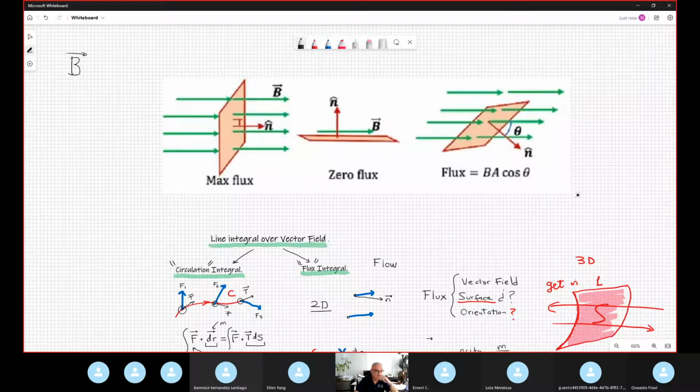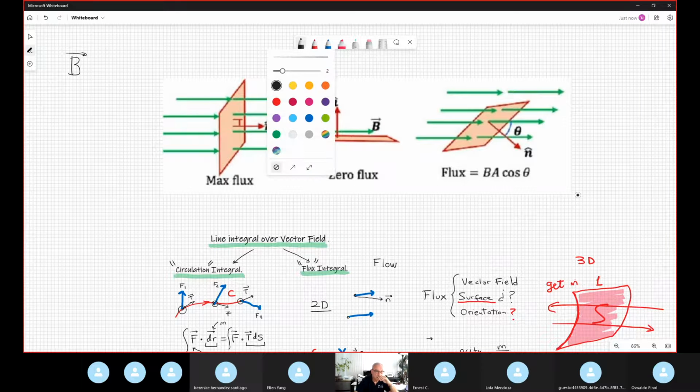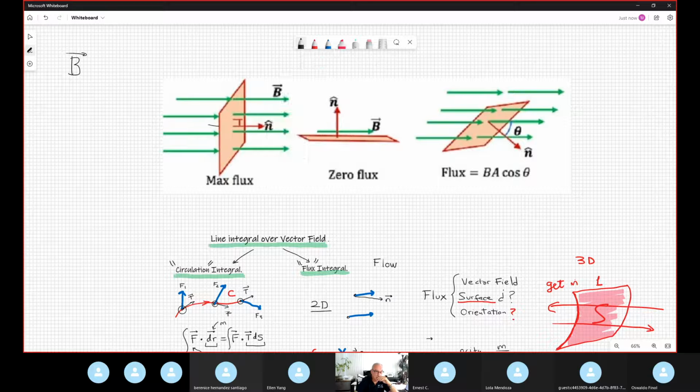However, see, I want to compute the flux under the consideration that the normal vector is in this direction, because I want to compute the flux that can get inside, and then it's completely the opposite sign. It's maximum, but it's negative. Okay. And now the flux is 0, see, it's perpendicular.